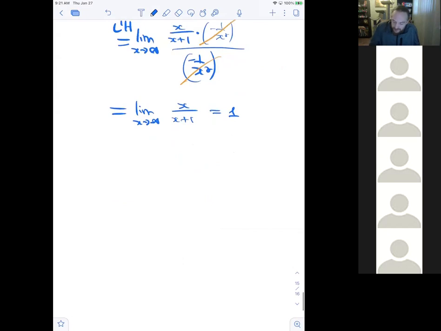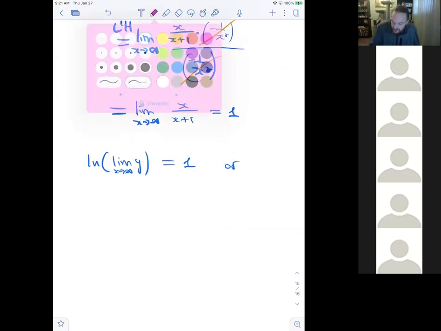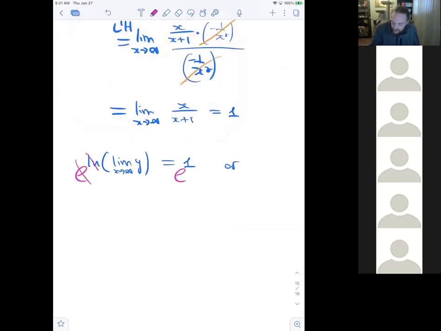Therefore, this says that log of the limit as x approaches infinity of y was equal to 1. Or if I exponentiate both sides, this says that the limit as x approaches infinity of y is equal to e.